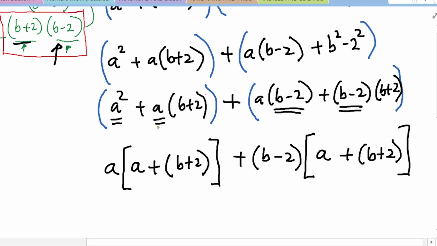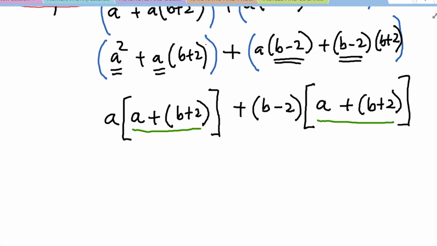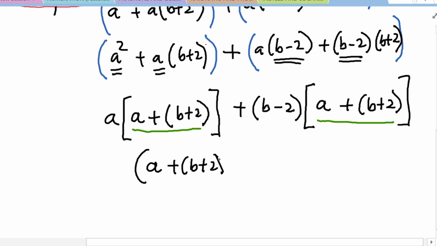Do you realize that what we have in the brackets is the same? This and that is the same. So now that that is the same, it means that we shall combine the items in the brackets, put them in their own brackets, a plus b plus 2.